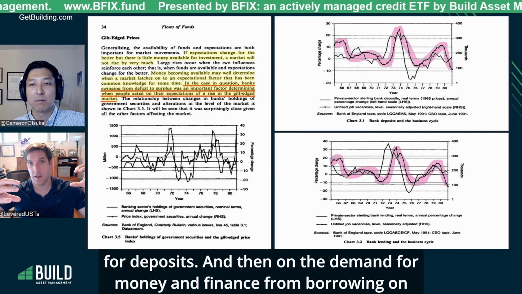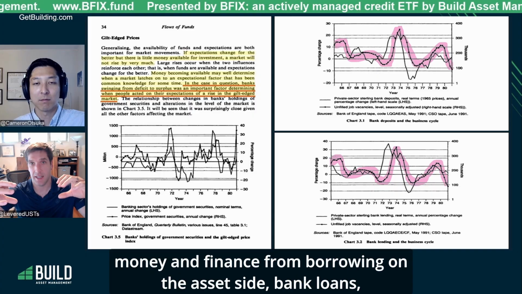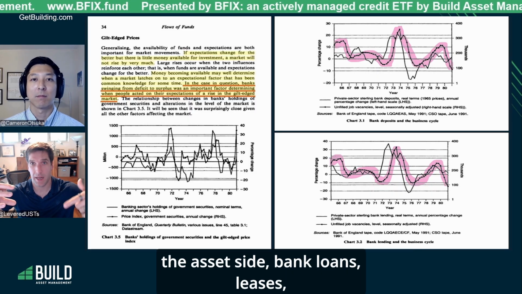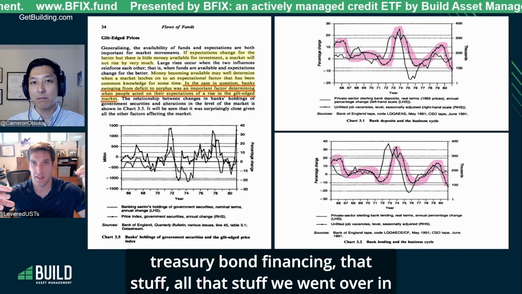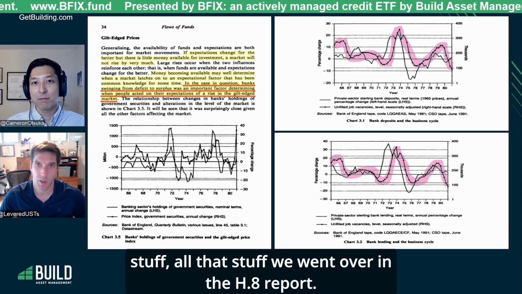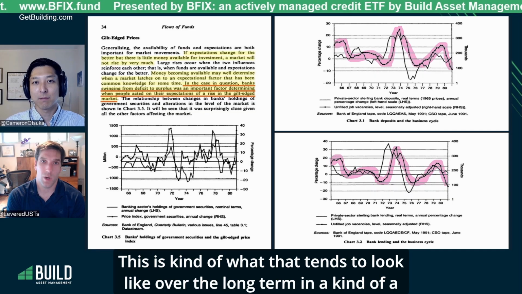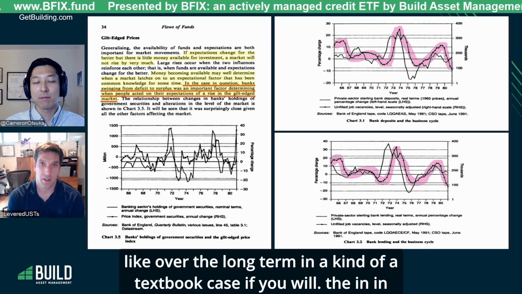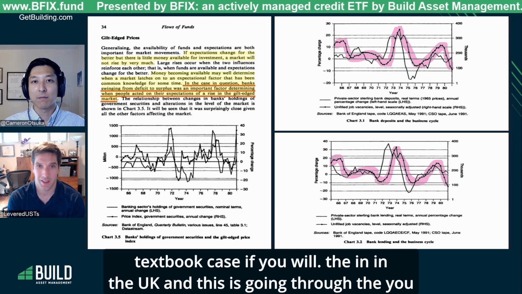And then on the demand for money and finance from borrowing on the asset side, bank loans, leases, treasury bond financing, all that stuff we went over in the H.8 report. This is kind of what that tends to look like over the long term in a kind of textbook case, if you will, in the UK.